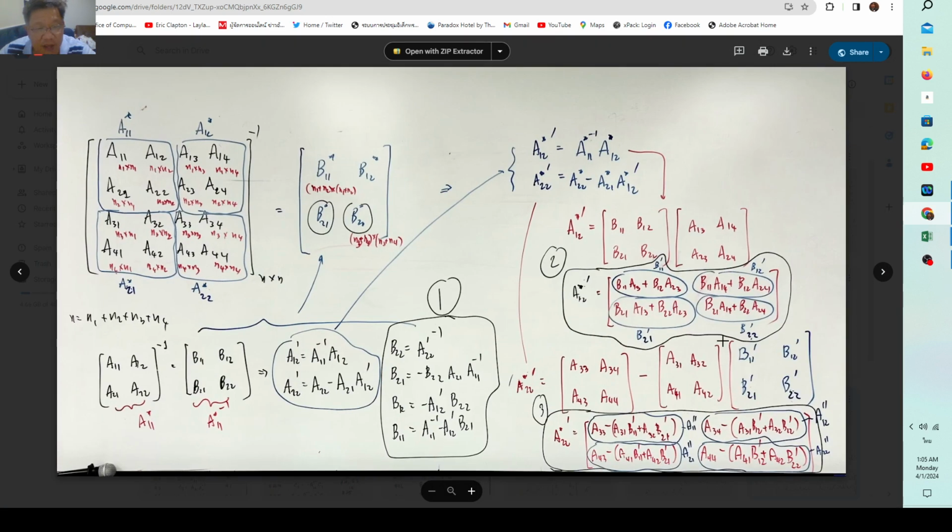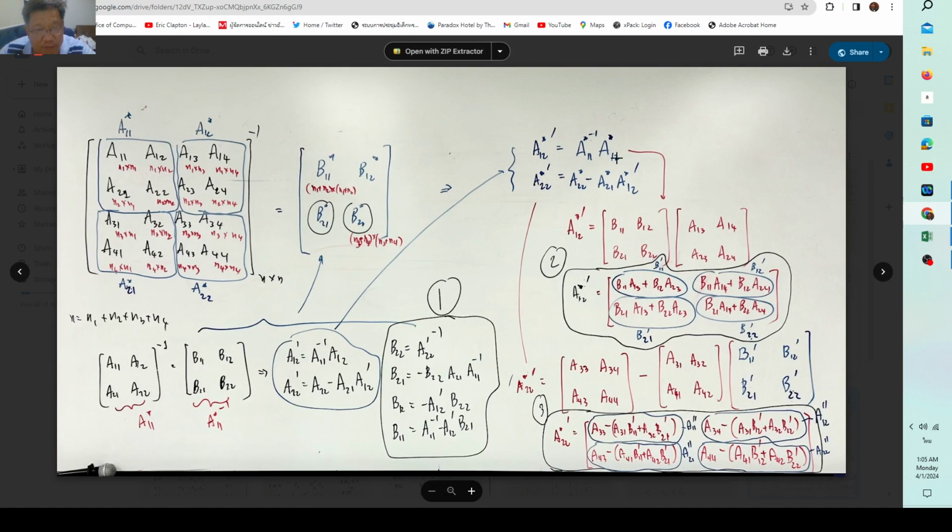over here, 4 by 4, you can see that once you get this, B11 becomes another submatrix of 2 by 2, for each of B11, B12, B21, and B22. So you can apply the direct 2 by 2, right? Once you change the size of 4 by 4 to 2 by 2.